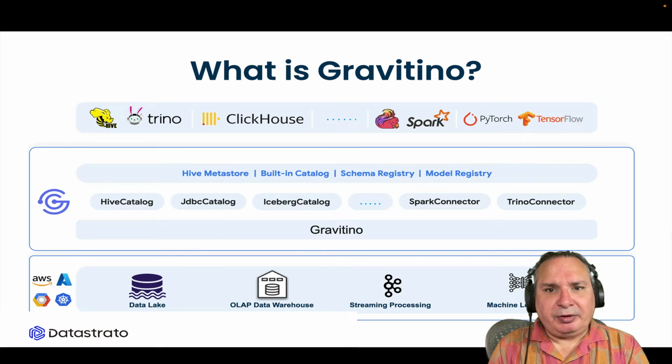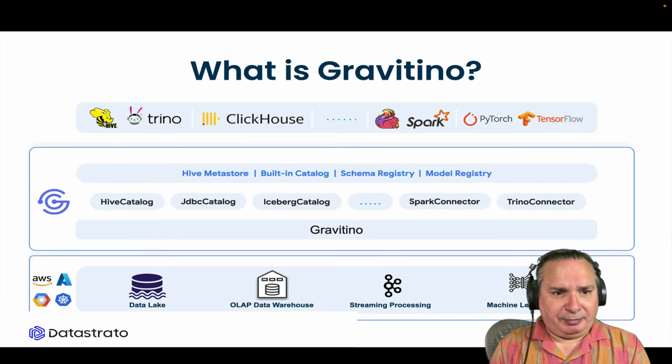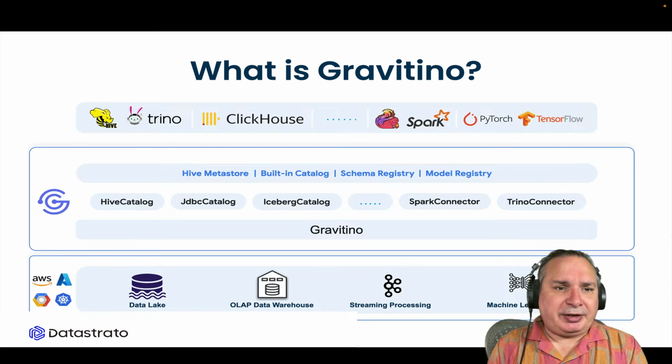So first off, what is Gravitino? Gravitino is an open source project. It was initially created by Data Strata, but we now have a lot of other people contributing to the project as well. If you look at modern architectures, you can see that there's a lot of moving parts and a lot of different software involved.